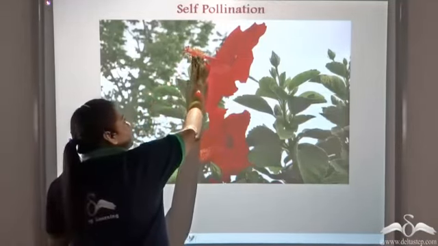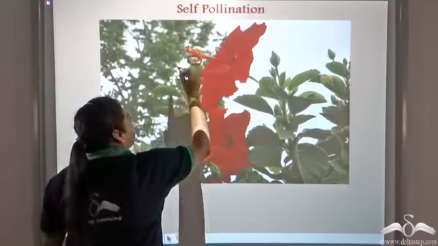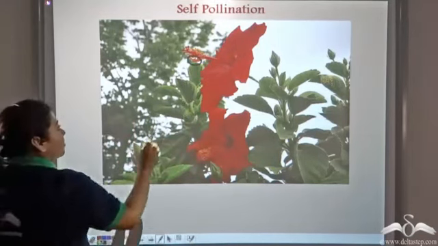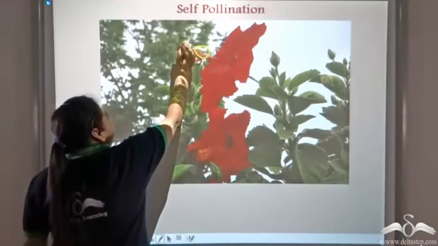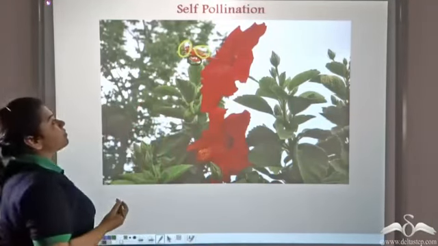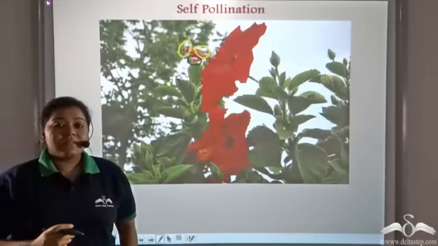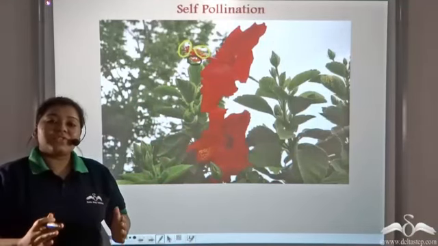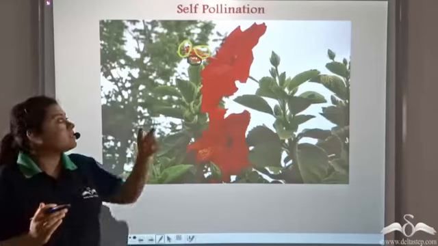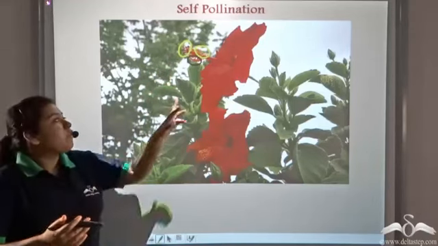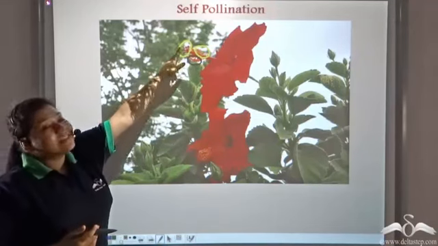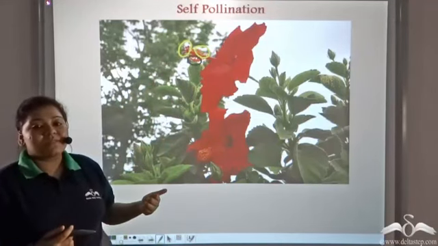See, the anthers are over here, but the stigma is over here. So the anther is situated much below the stigma. So the transfer of pollen grains from the anthers to the stigma is not possible.